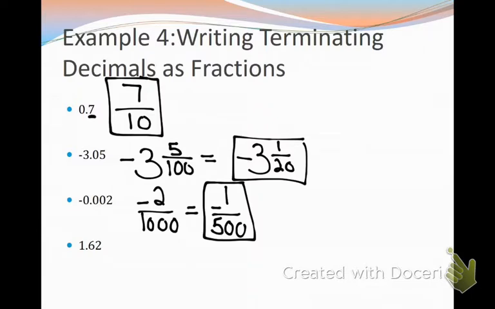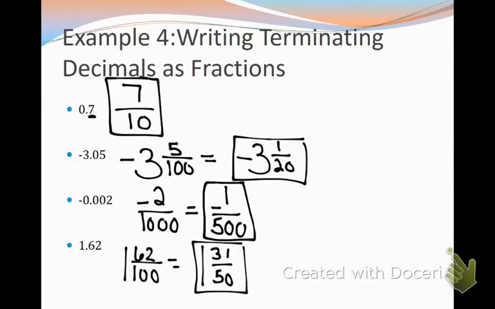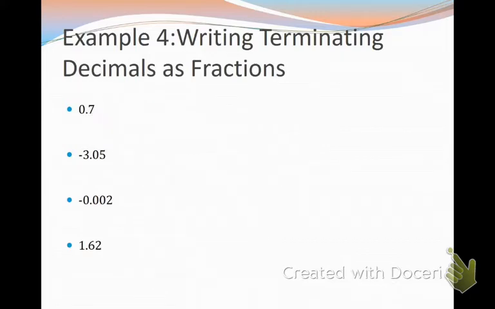The 0, you don't have to write a 0 out front. Okay, now in this one, it's 1 and 62 over 100, which reduces to 1 and 31 over 50. All right, who got both of those right? Okay, any questions? All right, so that's it for example 4, I believe.